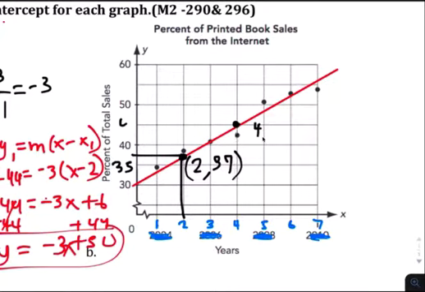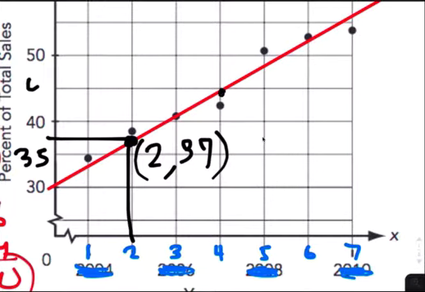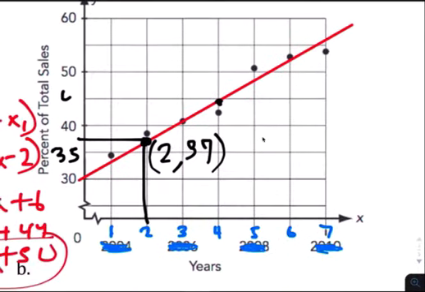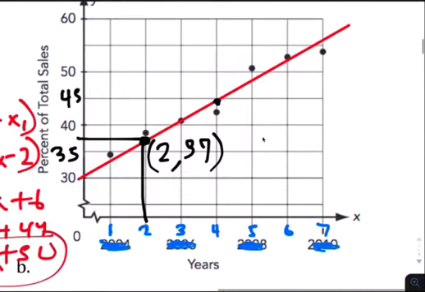If you look at this dot, it's not quite on that line, so we can say 44. 4 and 44. We estimate it, right? So this is your x sub 1, y sub 1, x sub 2, y sub 2.